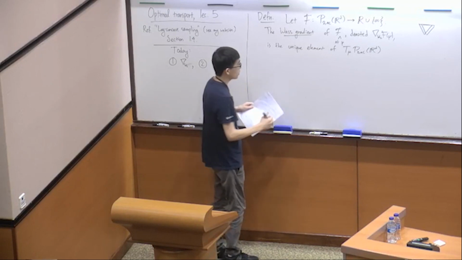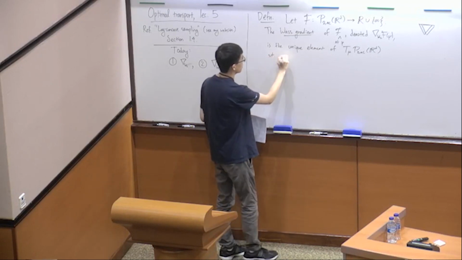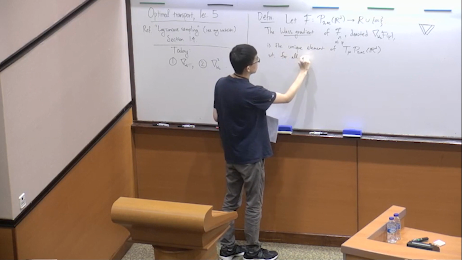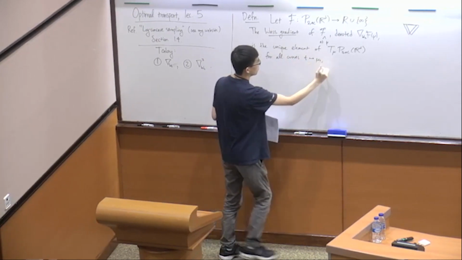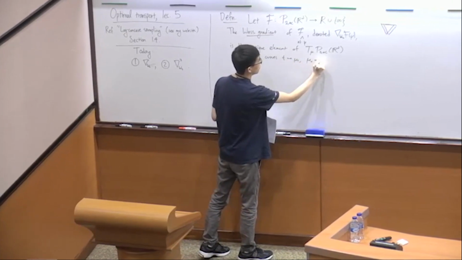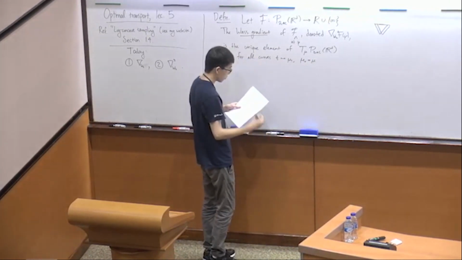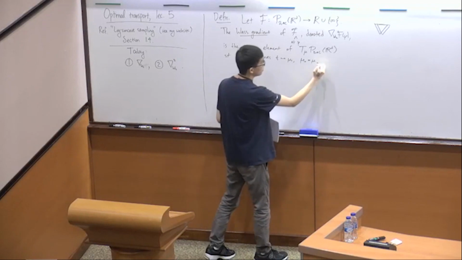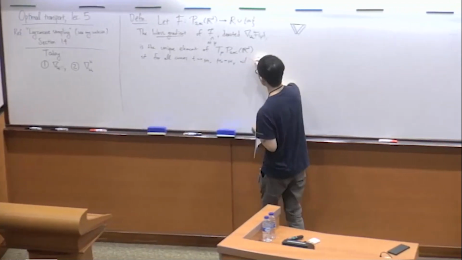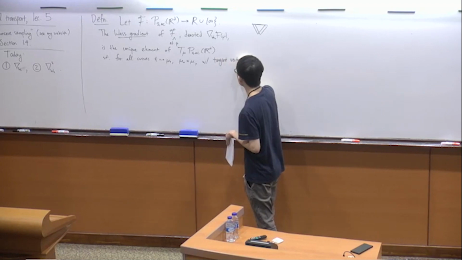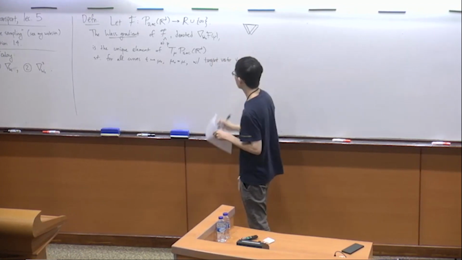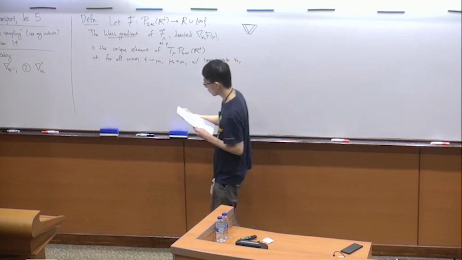So it's the unique element of the tangent space such that for all curves which pass through mu at time 0 with a specific tangent vector v0, I want the following equality to hold.